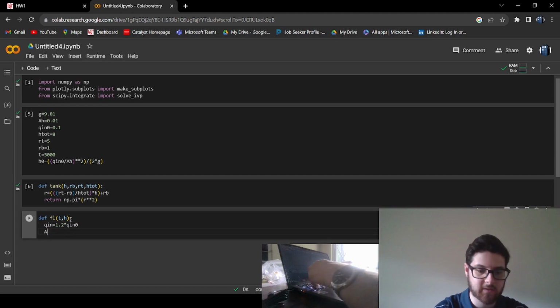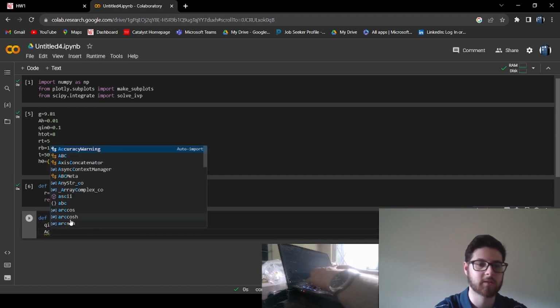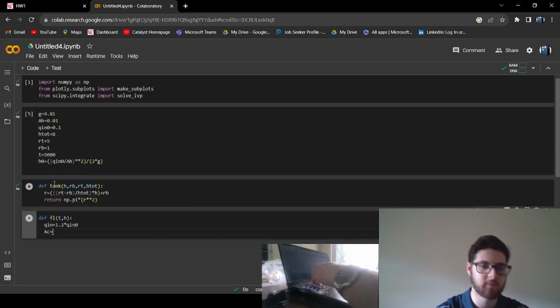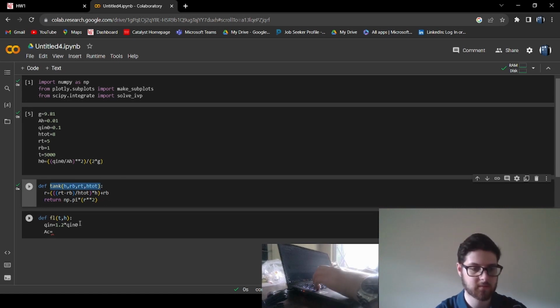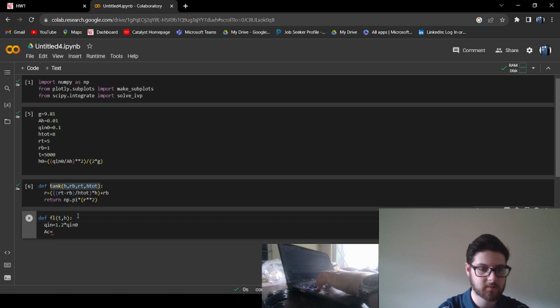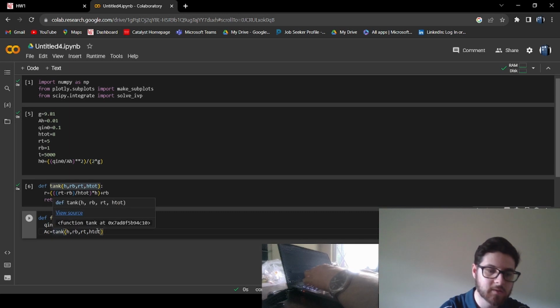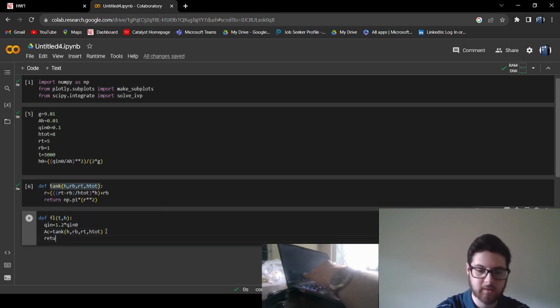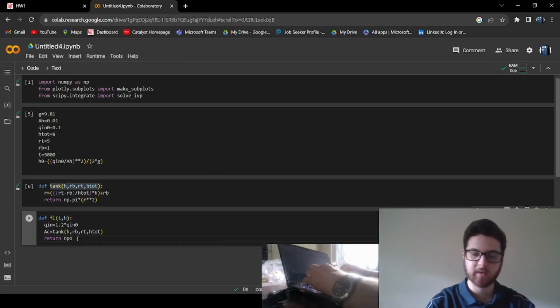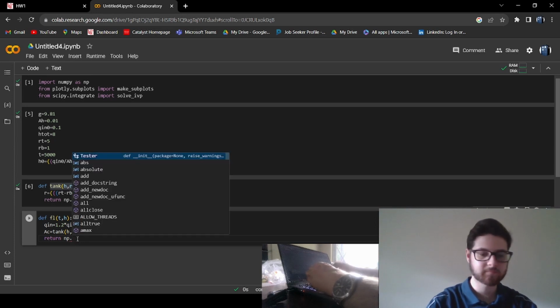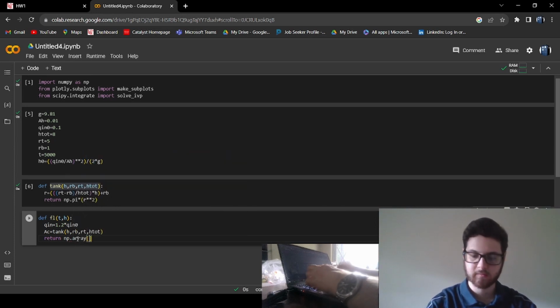And then we need to define the cross-sectional area, which is equal to, I'm just going to copy and paste this. That's right what that is. And then we return, I've got the equation written down here. I believe it's got to be an array. Let's see if I can get this nomenclature right on the first try. All right.